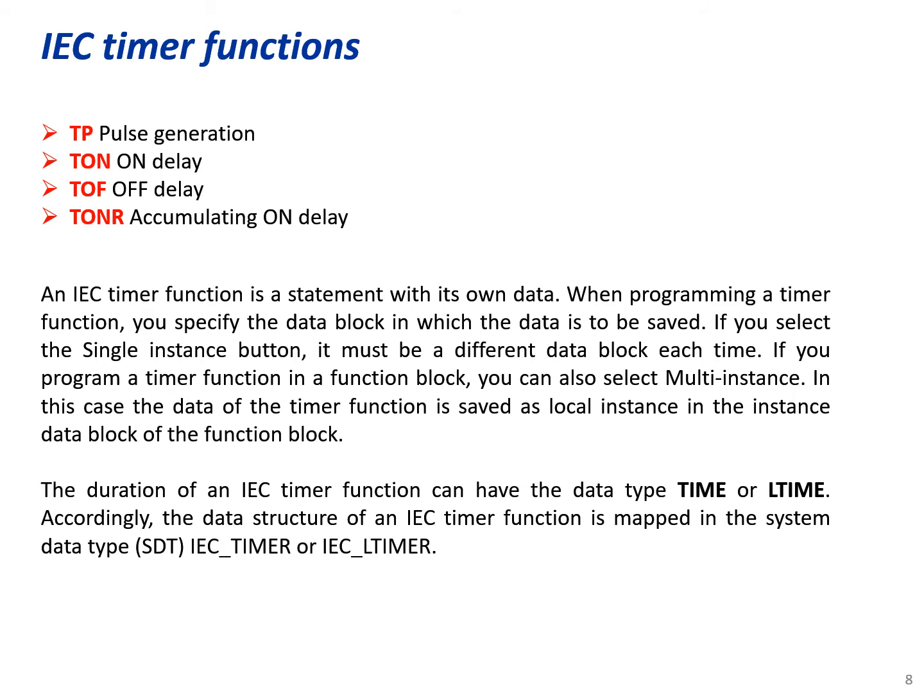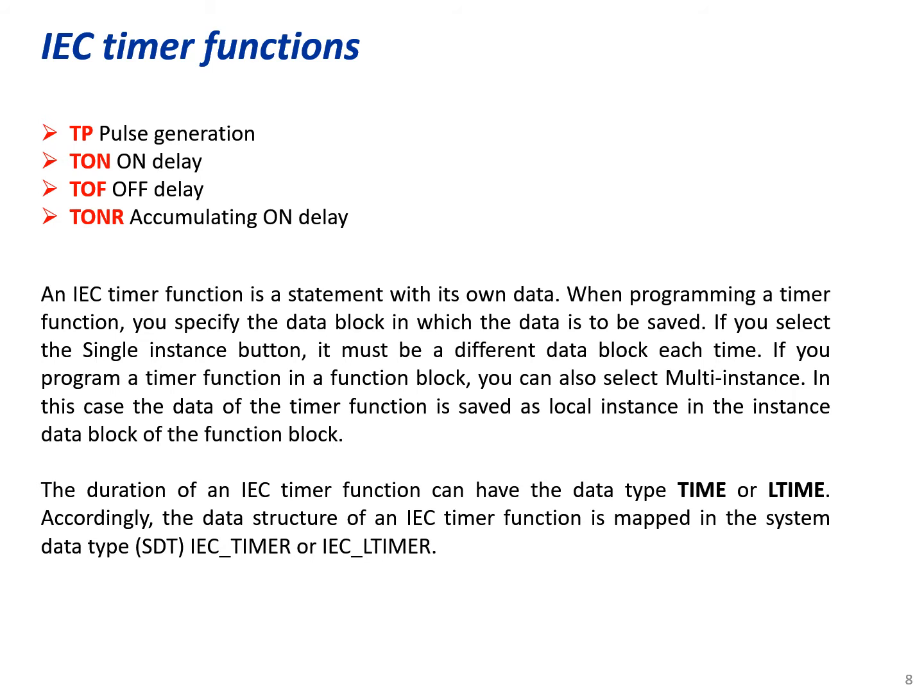If you select a single instance, it must be a different data block each time. If you program a timer function in a function block, you can also select multi-instance. In this case, the data of the timer function is saved as a local instance in the instance data block of the function block. The duration of an IEC timer function can have the data type time or LTime.